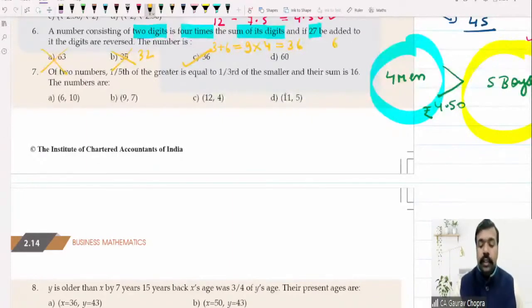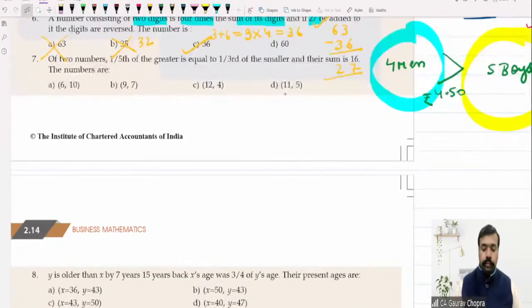So 63 minus 36, the difference is 27. So the second condition is also getting verified. Hence option number C is correct.